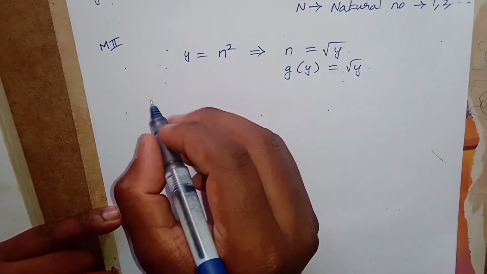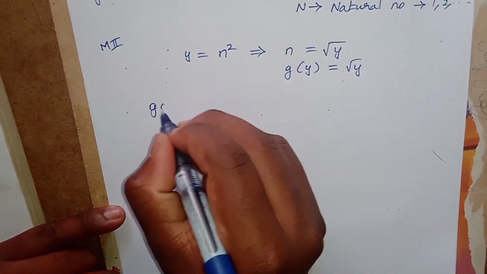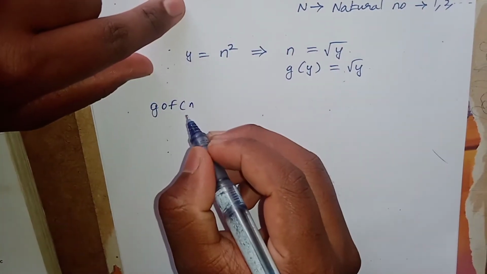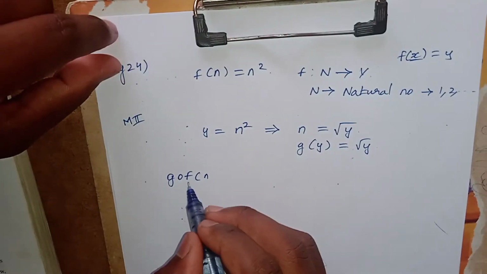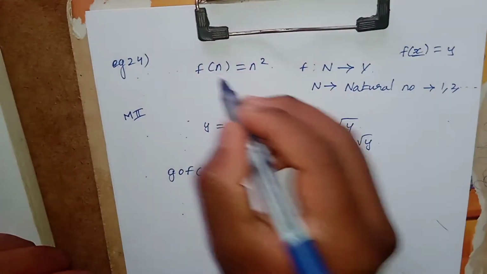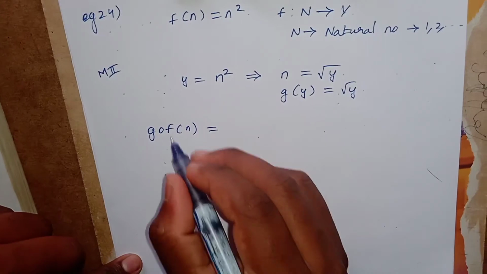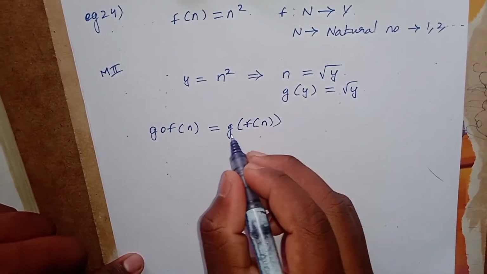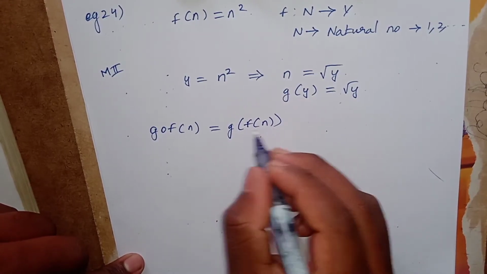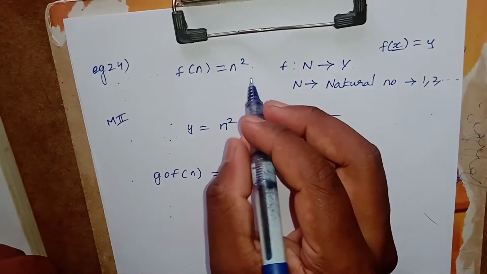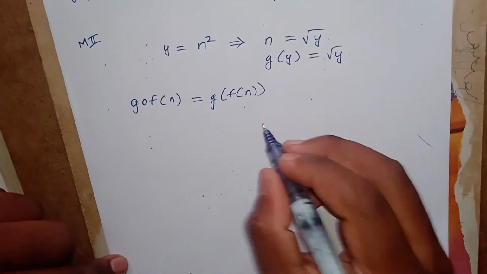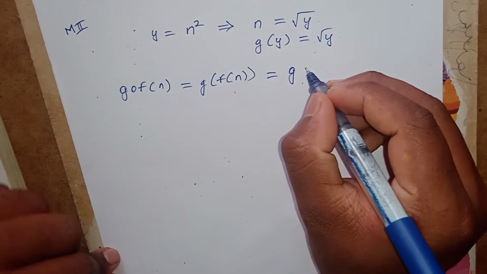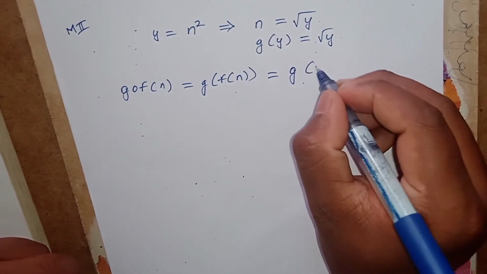First I am taking g naught f of n. Here g naught f of n is equal to g of f of n. First you have to remove the naught, and put the open bracket and closed bracket in the place of f of n, here n square, therefore we have to take g of n square.